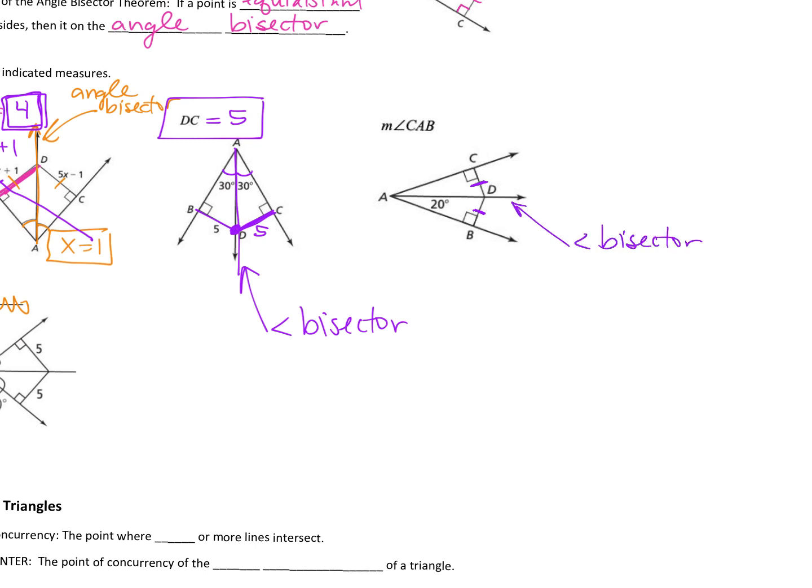And if that's an angle bisector, if this is 20, this has to be 20. So CAB is how big? 20 degrees. Not 20. 40. 40 degrees, right? CAB goes from C to A to B. So you want the whole thing together. So CAB is 40 degrees. Questions on that?